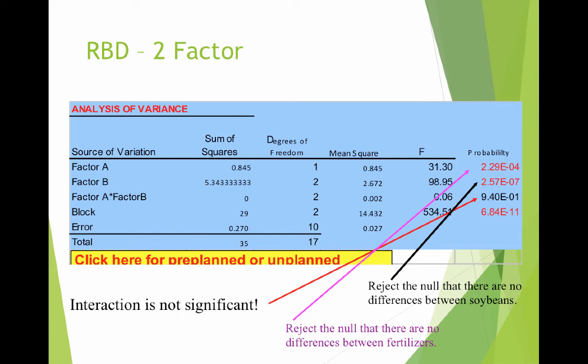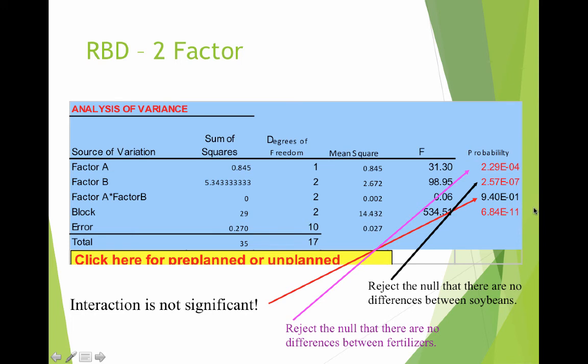After we collect our data on yield, we run that data through an analysis of variance. Our analysis of variance table gets much bigger. You can see the source of variation now includes the information for factor A, which in this case would have been fertilizer, factor B, which would have been soybean variety, the interaction term between factor A and factor B, and also a term for the block.